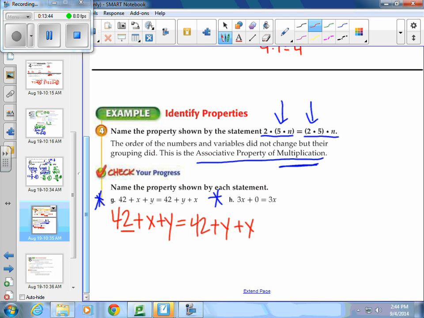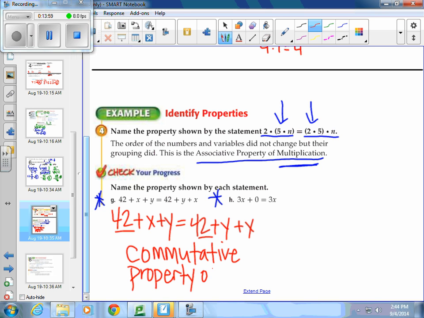So even though 42 isn't the same, we're still going to call it commutative, and we would say commutative property of addition, because we're using addition.